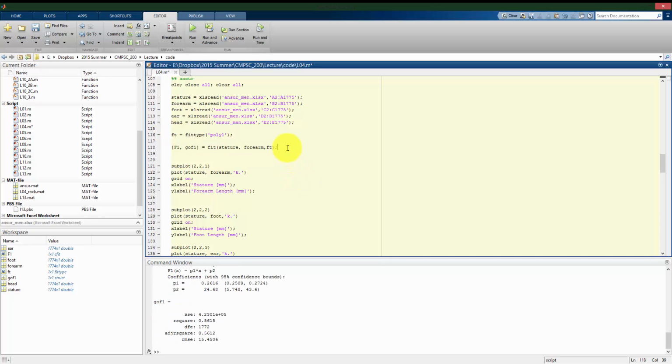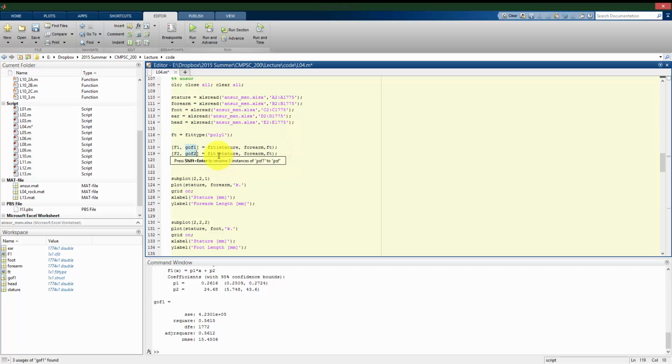I just want to run through all four of them in succession though. So the second one, so that I have a separate function and a second goodness of fit, I'm going to look at the foot. And then for the third one, I'm going to look at ear. And the fourth one, I'm going to look at head circumference.